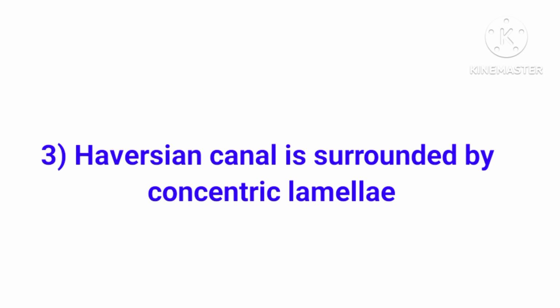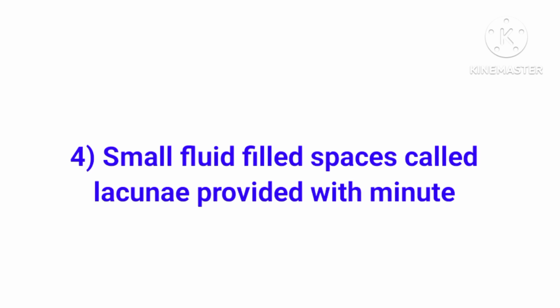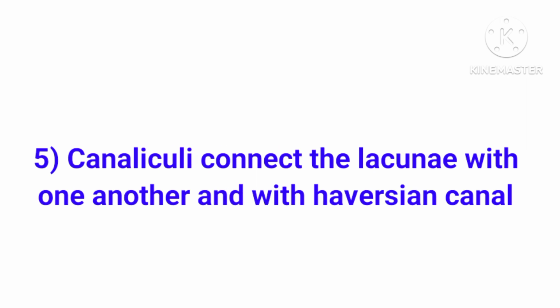Haversian canal is surrounded by concentric lamellae. Small fluid filled spaces called lacunae, provided with minute canaliculi, lie in between the lamellae. Canaliculi connect the lacunae with one another and with Haversian canal.